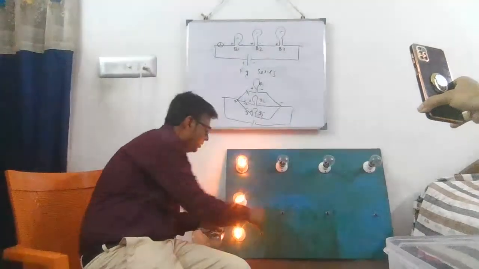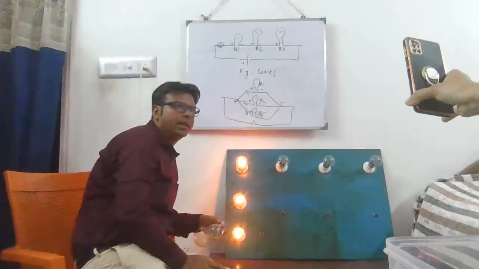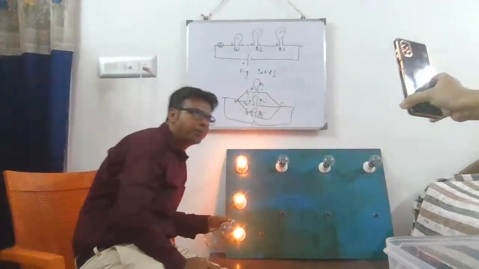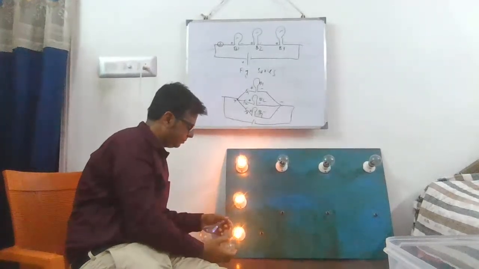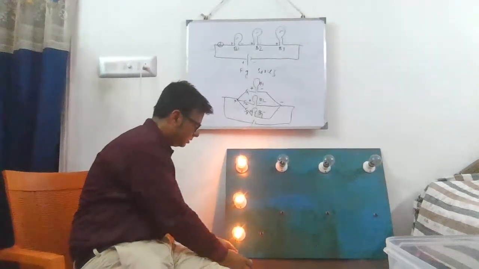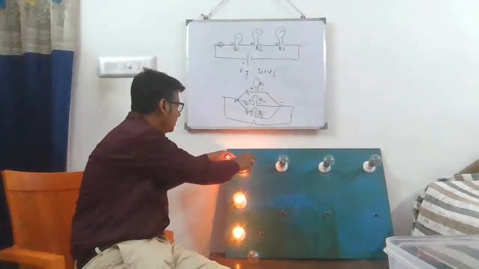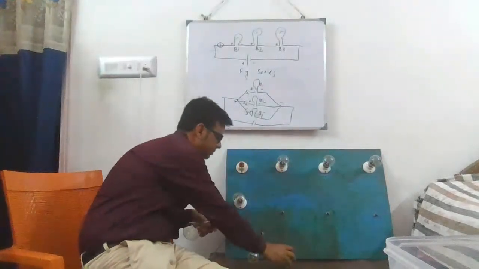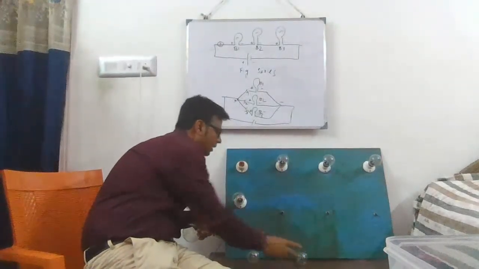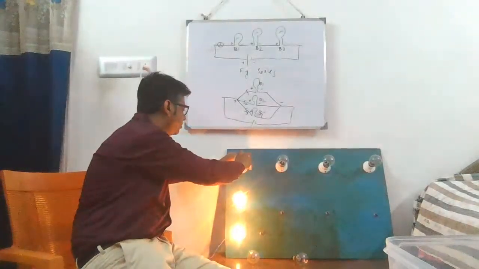I am just connecting in series. Then what will happen if I connect 200? In place of a 100 watt bulb, I use a 200 watt bulb.